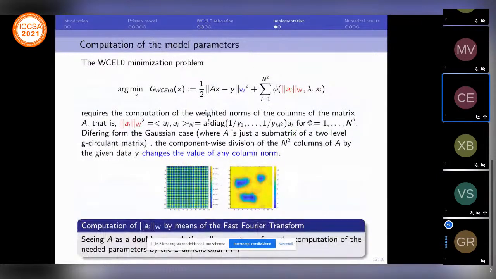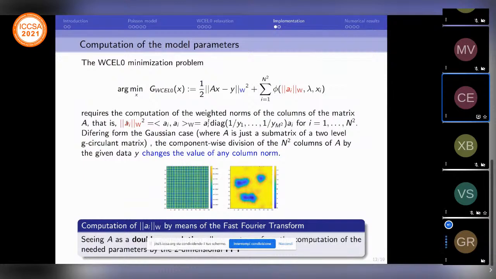The computation of these column norms for large matrices is not simple. In the Gaussian case, it is just a supermatrix of a sort of BCCB matrix, without some row and column.